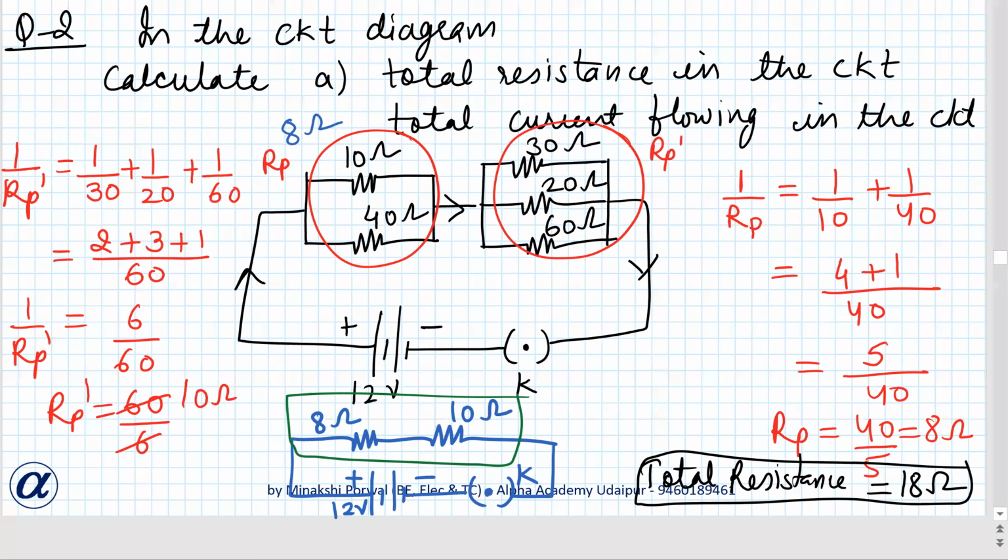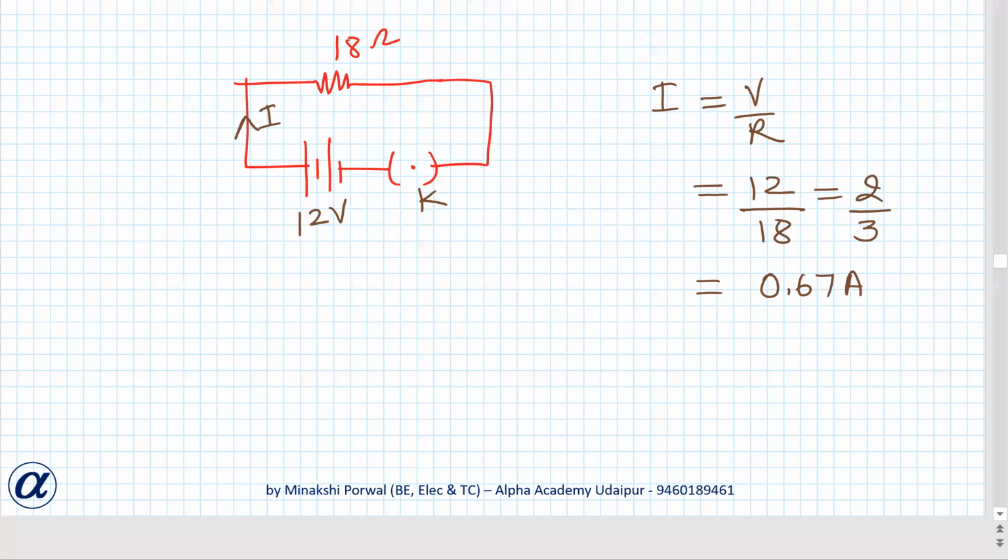So these are the two answers. Total resistance is 18 ohm and total current is 0.67 amperes. Okay. So I hope this is clear to everybody.